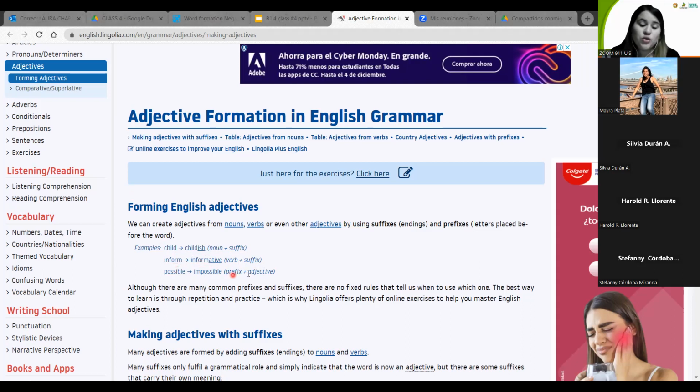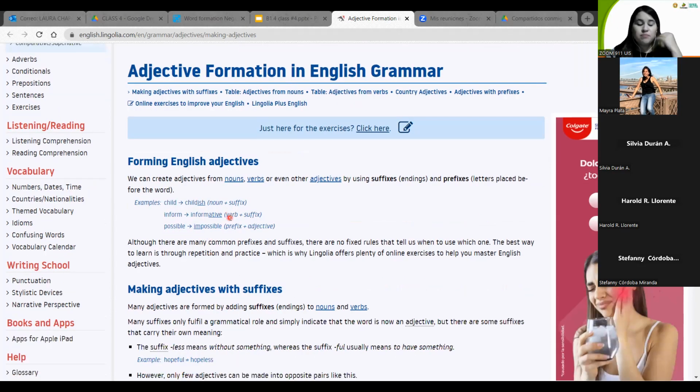Possible, impossible, so it's an adjective plus a prefix, and then we form a new adjective that means the opposite. Although there are many common prefixes and suffixes, there are no fixed rules that tell us when to use which ones. The best way to learn is through repetition and practice, which is why this website offers plenty of online exercises to help you master English adjectives.